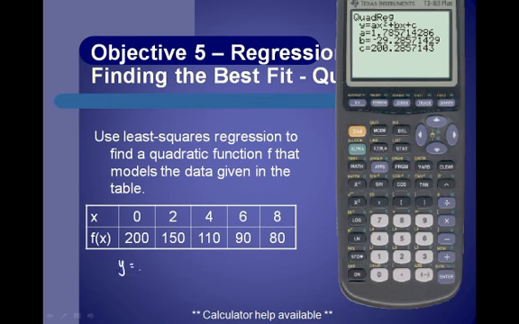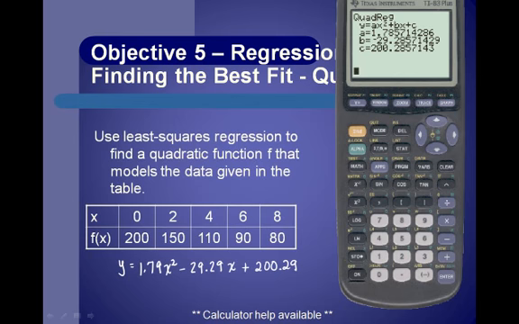So we get y equals a, the number in front of x squared, which would be 1.79 x squared, plus b, well, b is a negative, so I'm just going to call it minus 29.29 x, plus c, which was 200.29. So this is our graph that best fits the points that they give us in our picture.